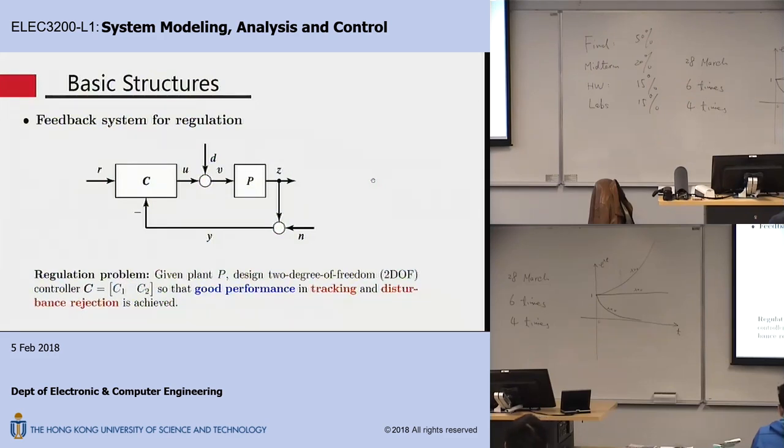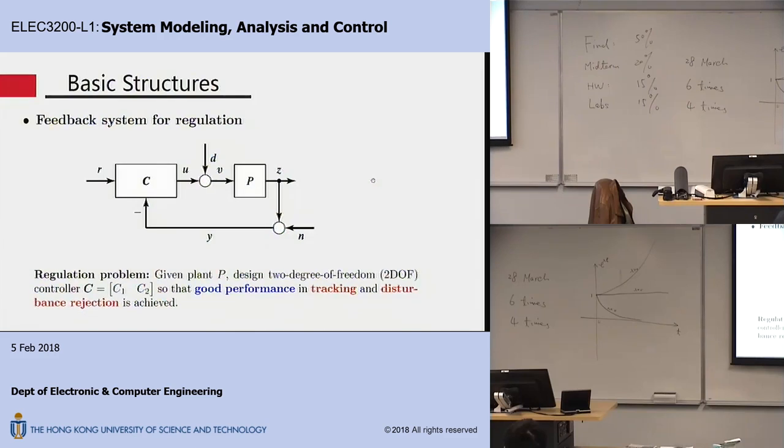Why? Because if this system has two inputs and one output, in some way you can think this system can be decomposed into two systems. One is the system going from here to there. The other one is the system going from here to there. So this system can be written in this way, two systems, C1 and C2.